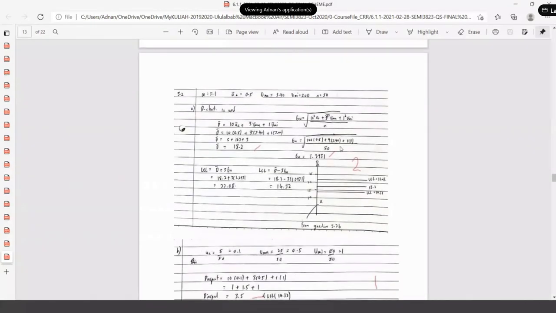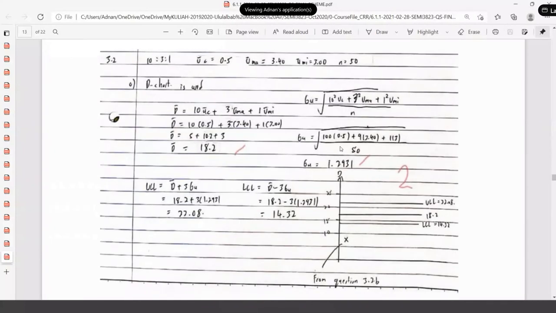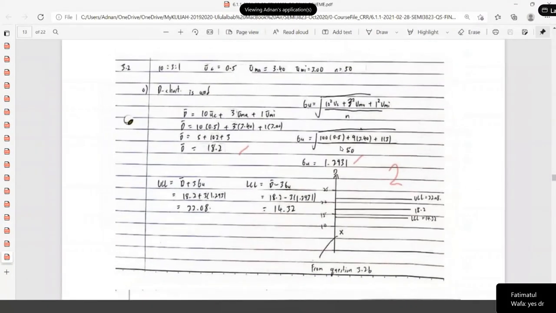Alright, dapat tengok ke? Hello? 3.2. Okay, so this is the solution for 3.2 lah.